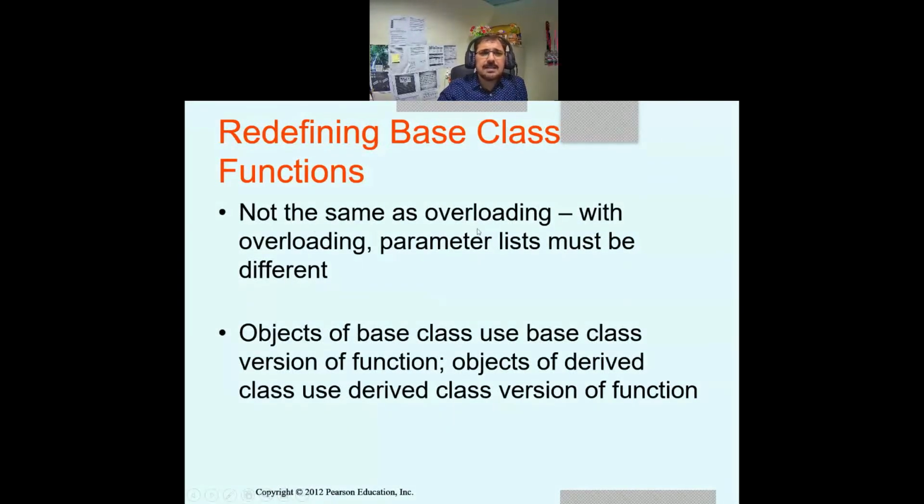Another thing: it is not the same as overloading. I'm repeating for you now. Overloading and overriding are not the same. Why? Because in overloading, the parameter list must be different. If you remember the constructors, we were overloading constructors.